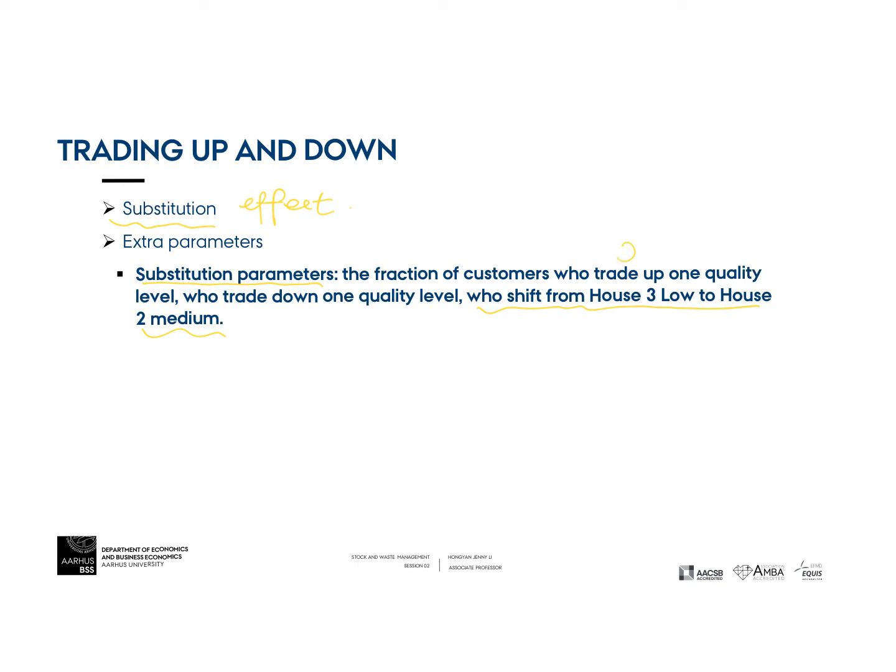So the first type and the second type, we can call generally the trade up or trade down effect. The third one was particularly mentioned because the house 3 low demand of the market is really large, so we would like to separate this trade up effect from the others.